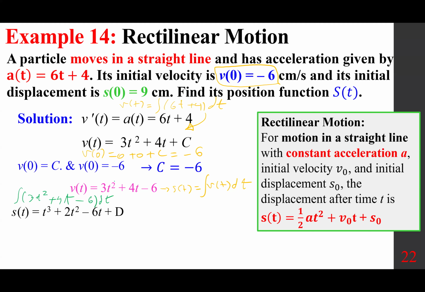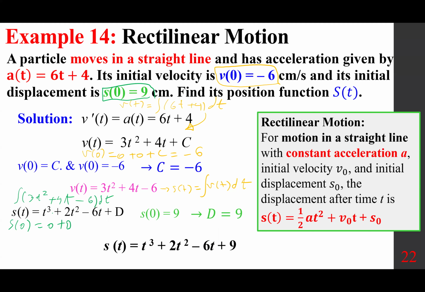And now we are going to use this. So if s of 0 is 9, s of 0, as you can see, is 0 plus D. And it's 9, then D becomes 9. And you replace it, and you have s of t, which is t cubed plus 2t squared minus 6t, and a D that you found to be 9.